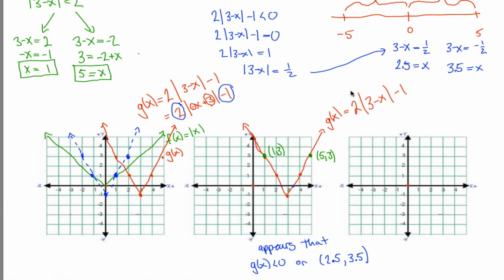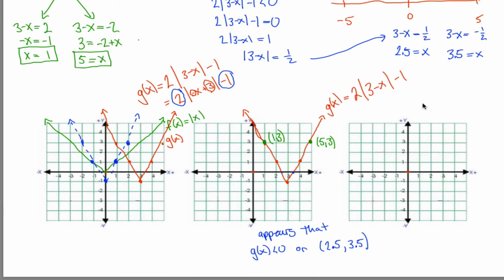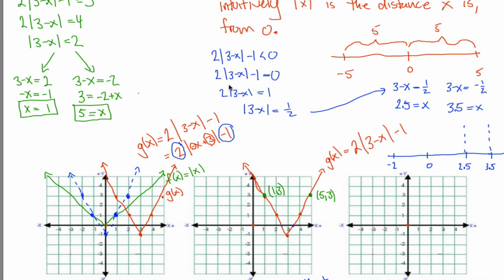And the way you create a sign line is you draw your number line. So here's 0 here. Here's, I don't know, negative 2 out here. This is not drawn to scale, but maybe 2.5 is here and 3.5 is here. And really the only important numbers that you have to put on your sign line are the solutions to the equality. So what I'm doing is I've already solved this guy, but I want to see how that gives me the answers to this guy.